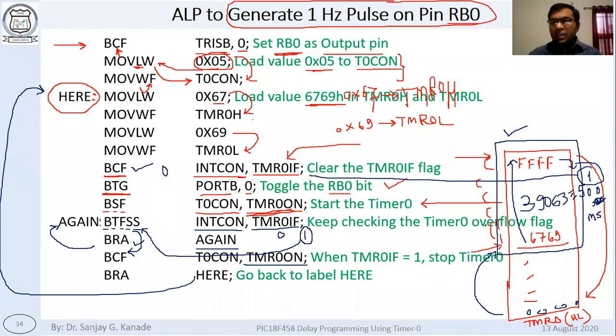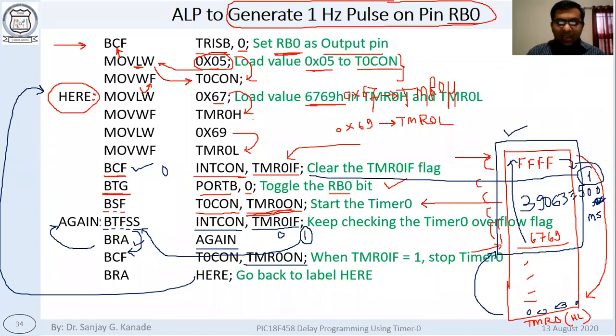Loading 6769 into the TMR0 HL pair. This particular loop branching to here. What is that? It is going from TMR0 HL equal to 0 to TMR0 HL equal to 6769. That's how we got here.